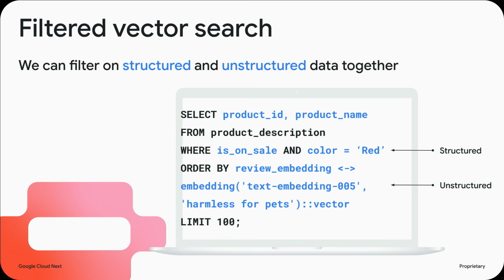If I say color equals red, this is what the SQL select statement would look like. Color equals red is very traditional SQL: it's a field, a column in a table, just like any database query we've had for 50 years. But when we say text embedding harmless for pets, there we're using AI, right?